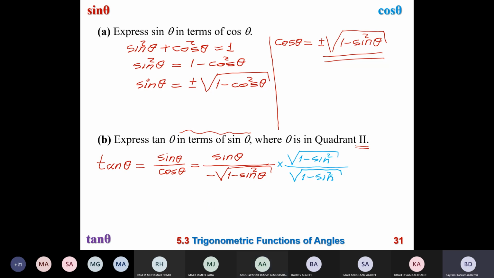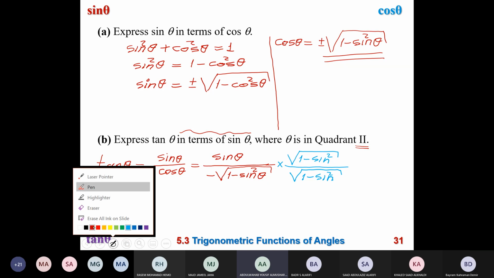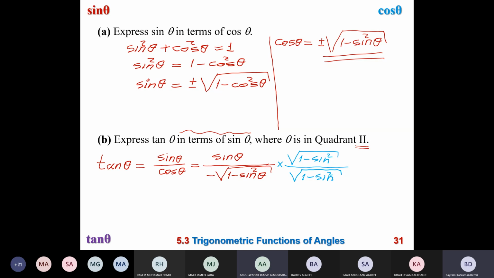Doctor, do we need to do this in the quiz? The last step you just did? Yes, you need to do that. Be careful, you need to simplify it. It will be sine theta times root 1 minus sine square over 1 minus sine square theta.